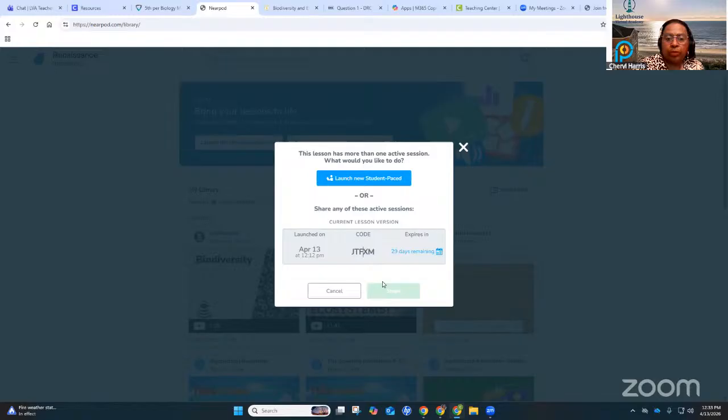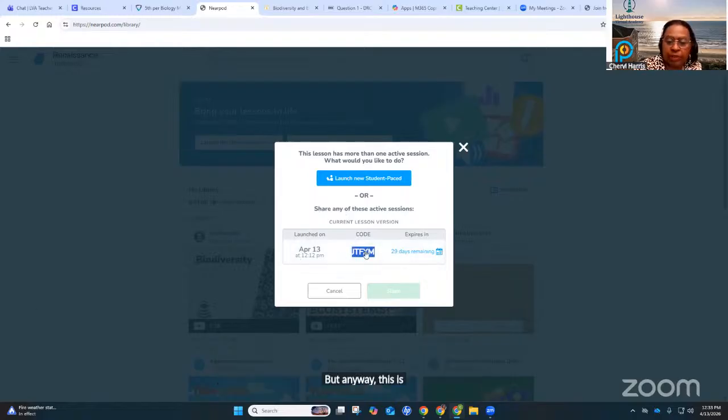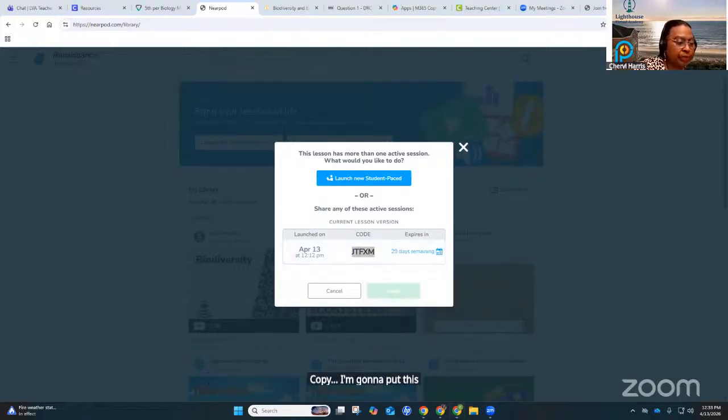All right, so this is the code for that one. Normally I can copy, but anyway, this is the activity that you need to do. So log into Nearpod, copy, and we'll put this in the chat. All right, so that's the first one.